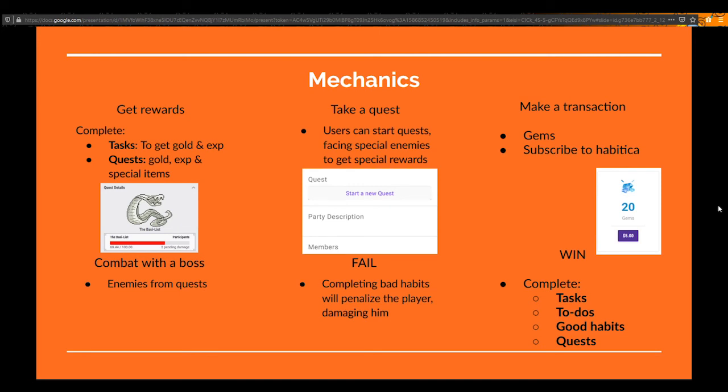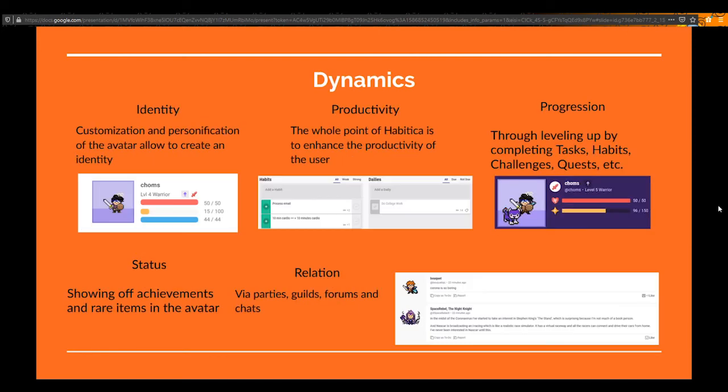There's a special coin in the app, the gems, which can be used to again buy items, unlock new quests, etc. He can fight bosses when in a quest, for example, and basically the major win is when the user completes all his tasks and his to-dos.